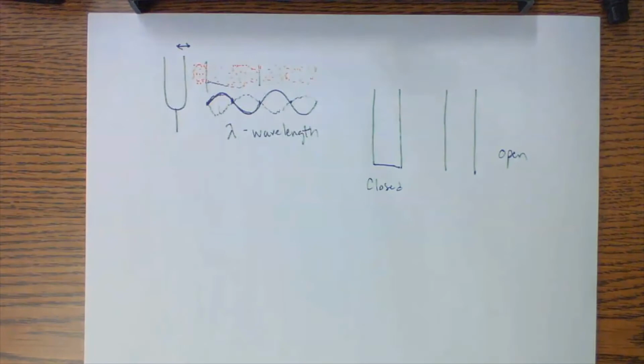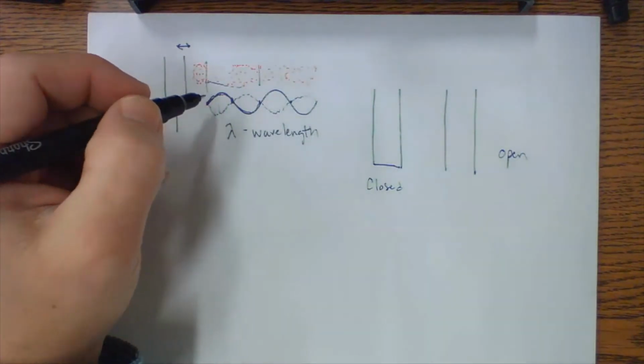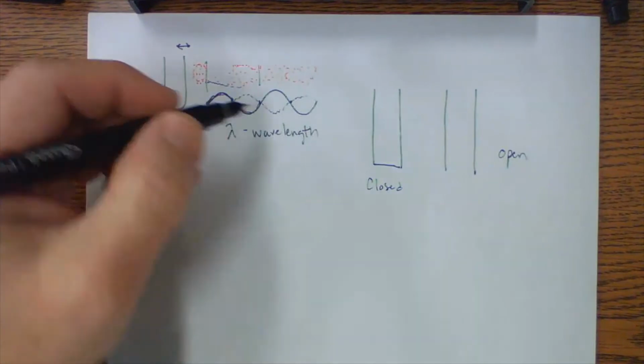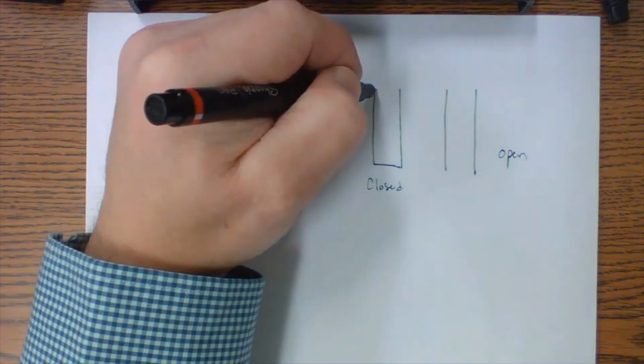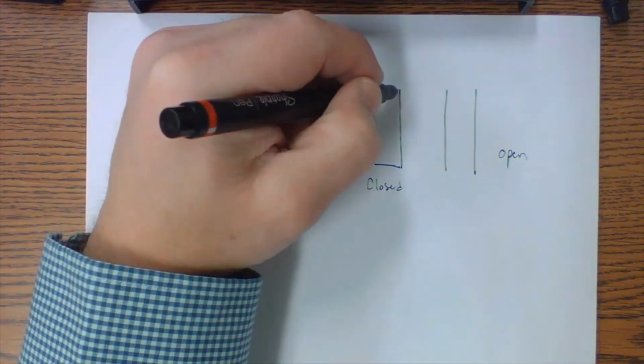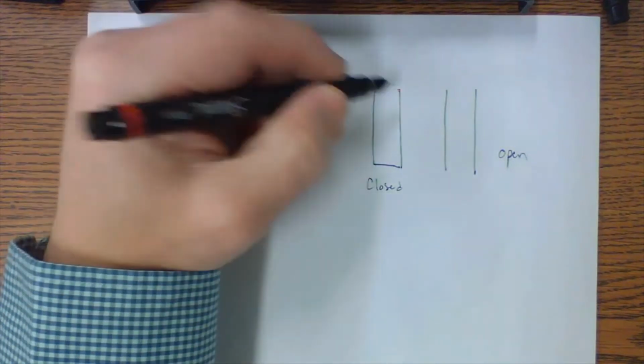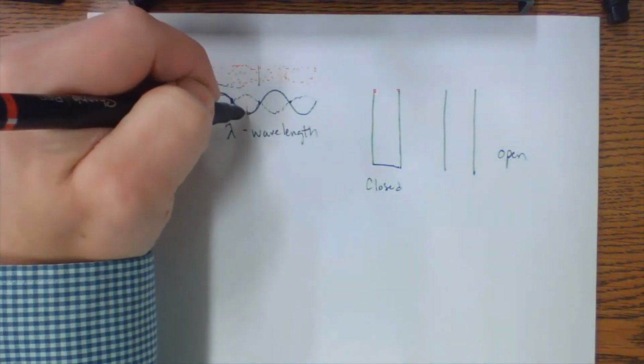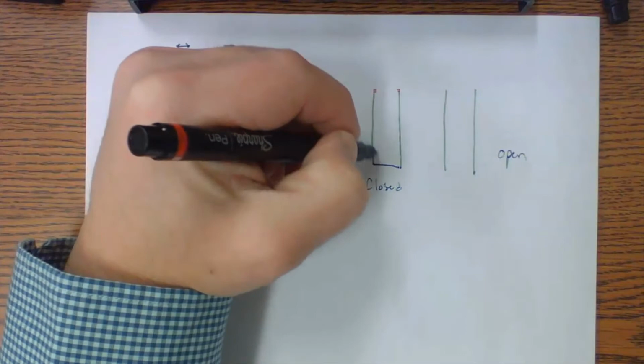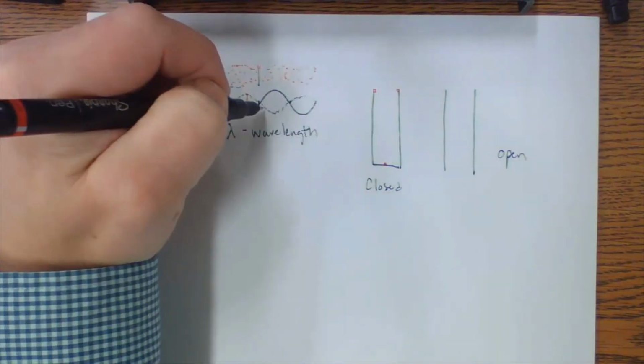In all these cases, we start to look at how this wave fits in here. Now, in a closed tube, we have the area at the top be open, so that creates that antinode. But then at the bottom, it's going to create that node.